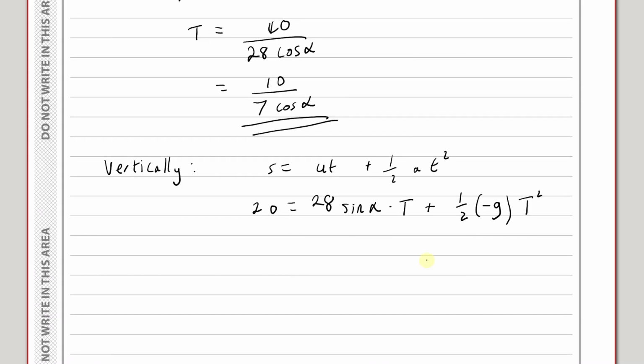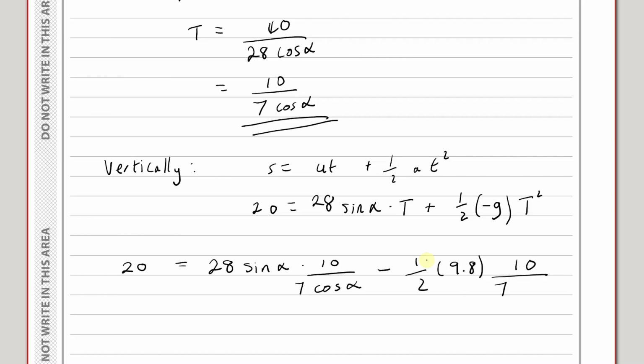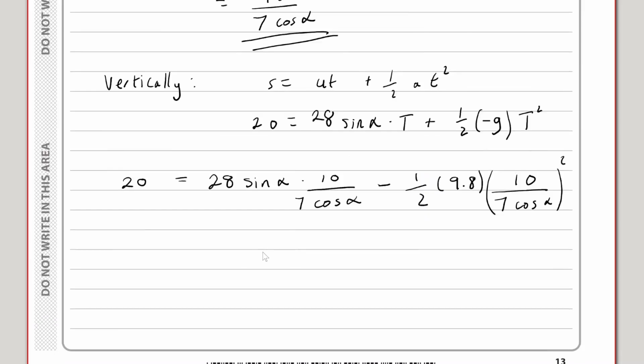So eliminating T, we get 20 equals 28 sine alpha times 10 over 7 cos alpha. And that's up to minus, moving the minus to the front, half of 9.8 times T squared, which is 10 over 7 cos alpha squared.